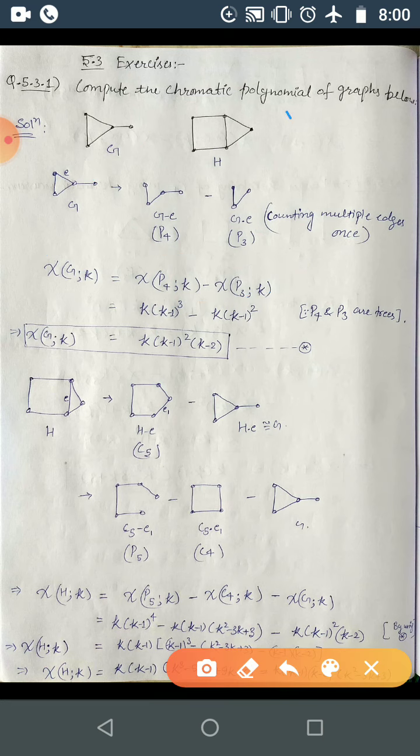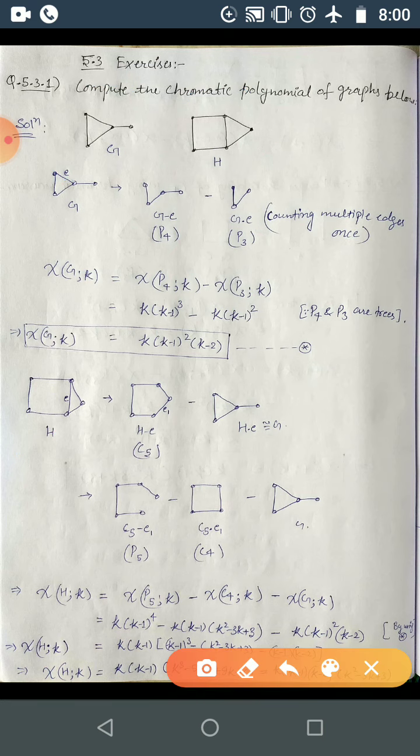Now come to H. You need to find the chromatic polynomial for H. You will again use the chromatic recurrence: choosing some edge, then deleting it and contracting it. I will choose the edge such that I get a simpler graph, okay?